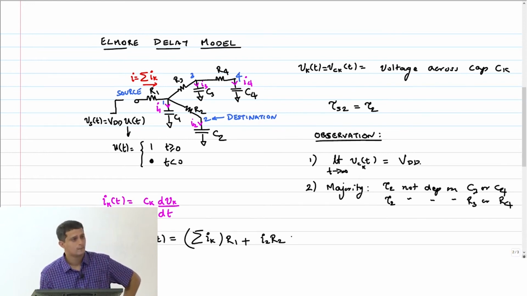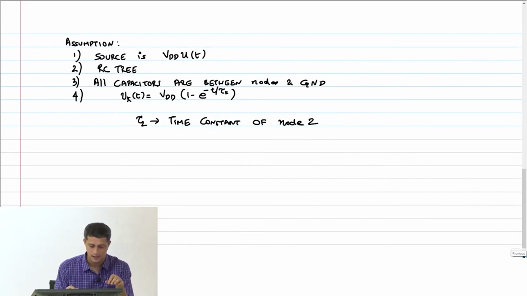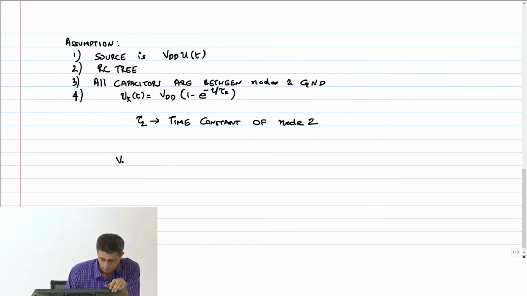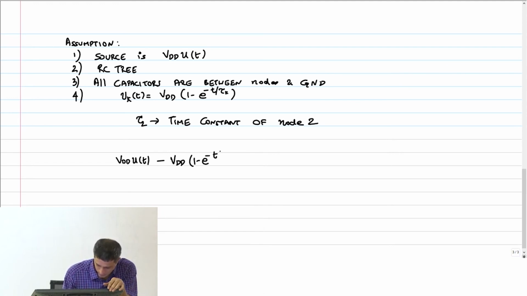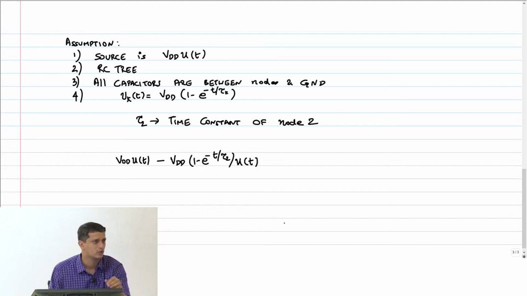Right? So now we'll go ahead and substitute all these things that we had. Vs of t is VDD into U of t. V2 of t we said is VDD into 1 minus e to the power minus t by tau 2, of course into U of t again, because this starts only at 0.